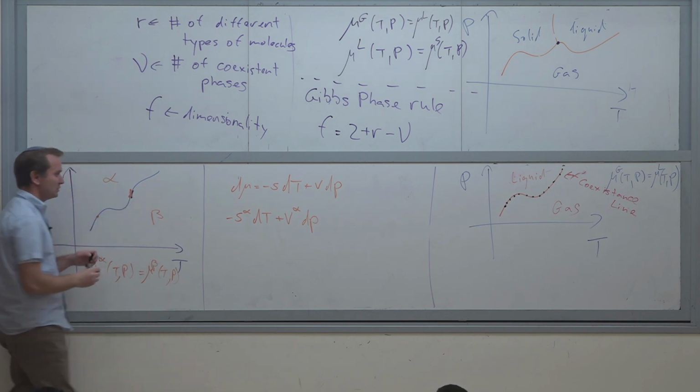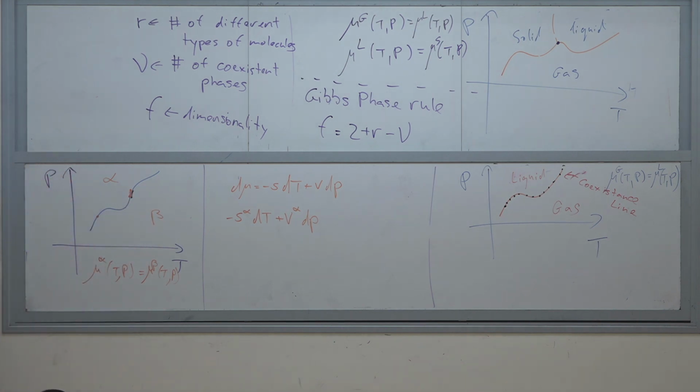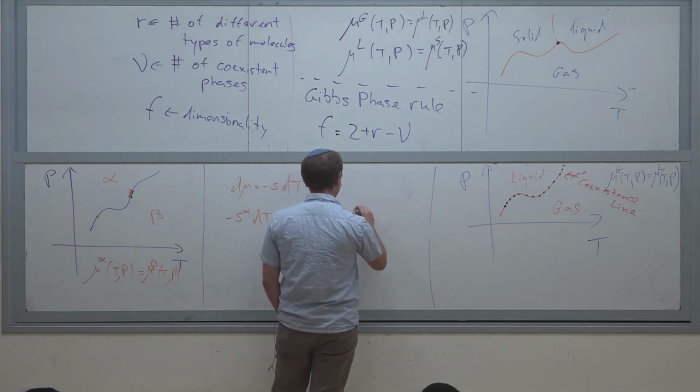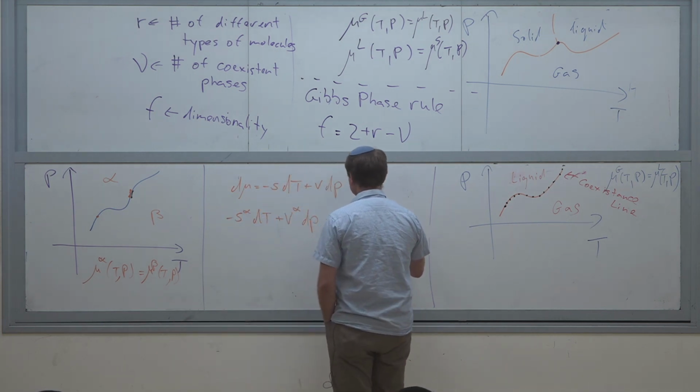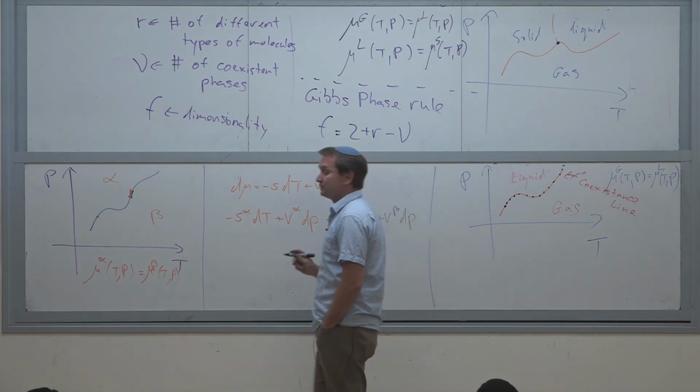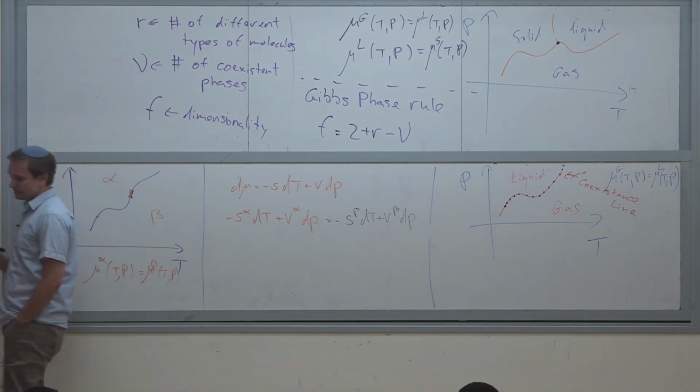There is also a small change over here: minus S beta dT plus V beta dP.